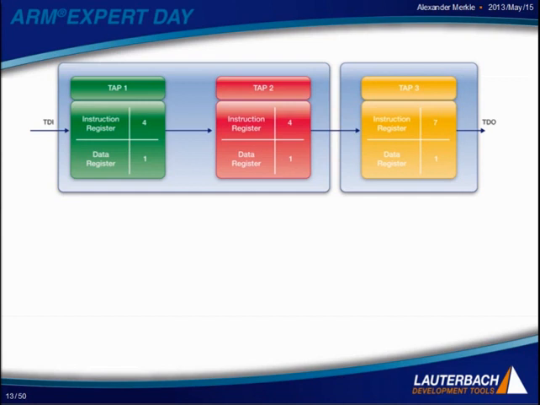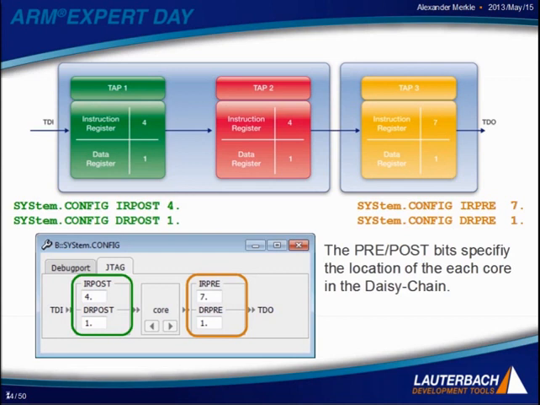But how can it communicate with a single core in the line? It's quite simple. When you want to communicate with the one in the middle, we know the total length is 15. So I've got 7 bits to the right and 4 bits to the left. We are talking about the so-called pre and post bits in the chain. Down here I show you our system config dialog, where you can adjust these settings. It's the same mapping as here in the picture.